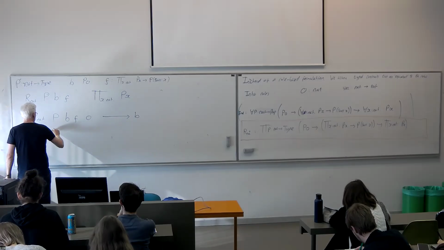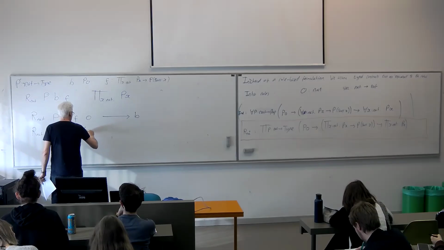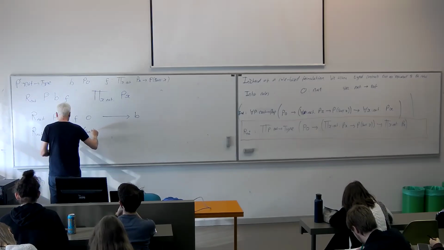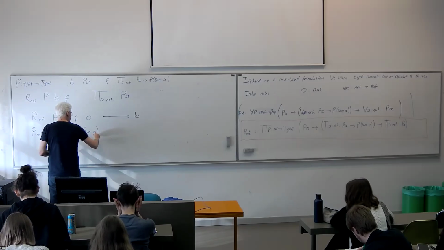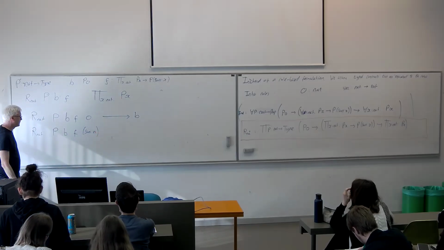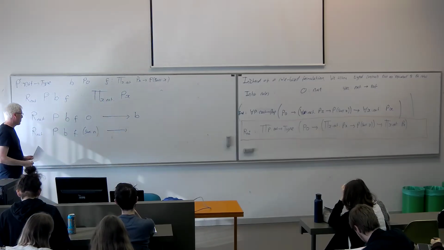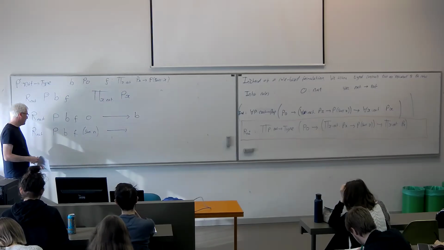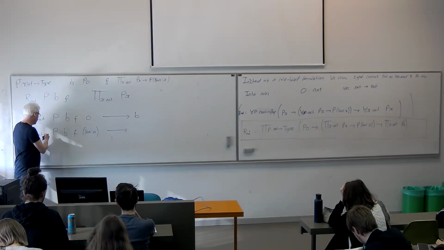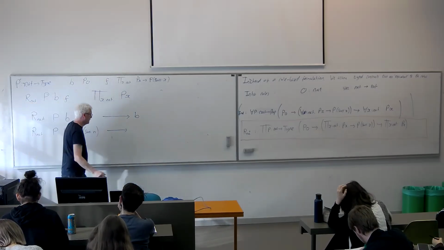And when we want to compute the recursor on a successor natural number, n is a term here. Well, it's called a recursor because we're going to do it by recursion. We're going to recursively compute the recursor on P, b, f, and n.